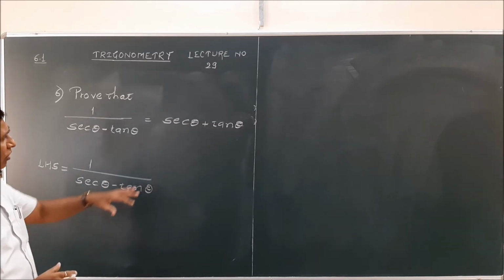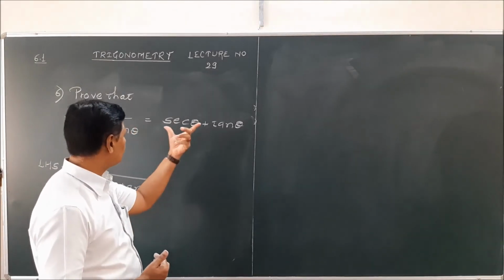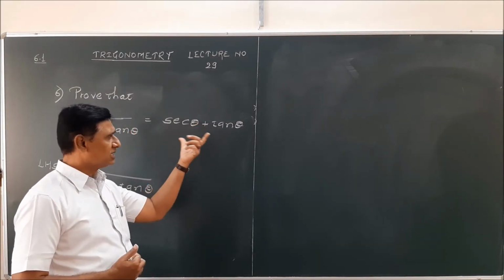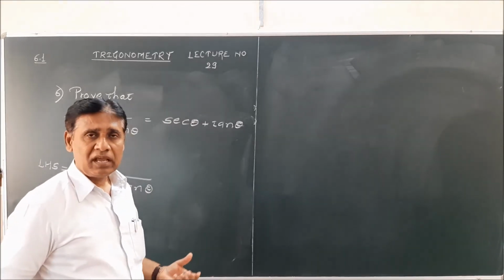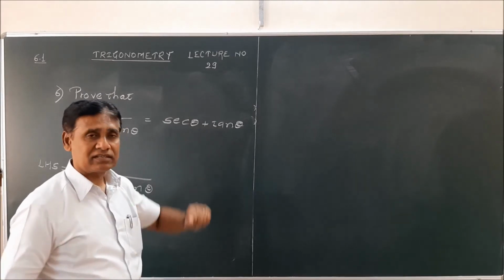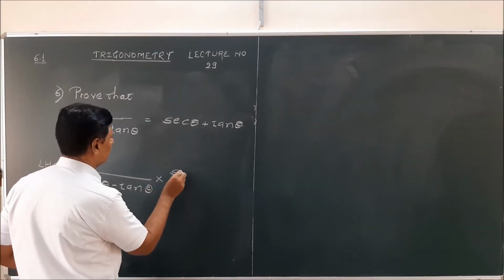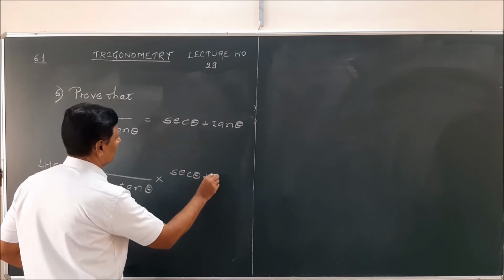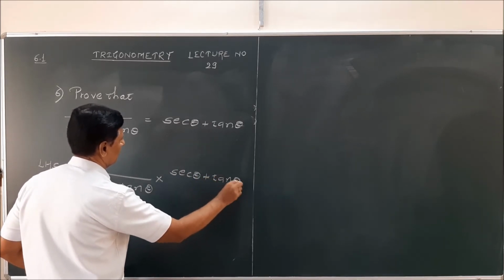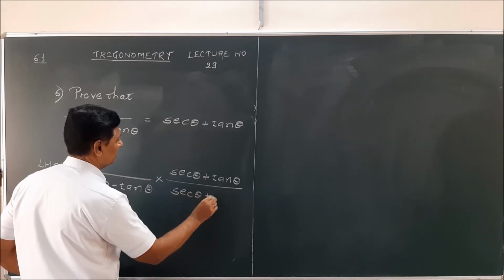Now if I focus on the right hand side, I notice I want sec theta plus tan theta. If I want sec theta plus tan theta in the numerator, I prefer to multiply and divide this by sec theta plus tan theta upon sec theta plus tan theta.